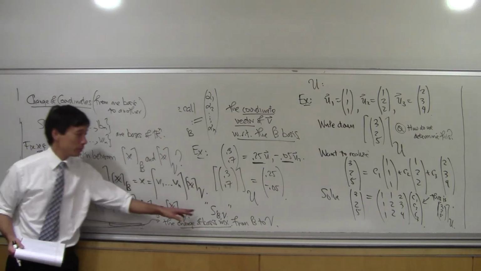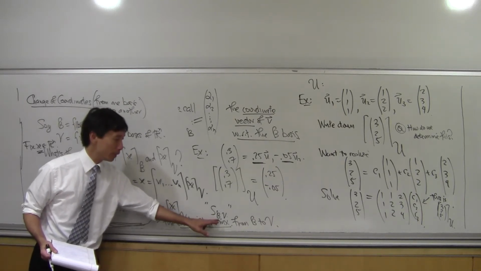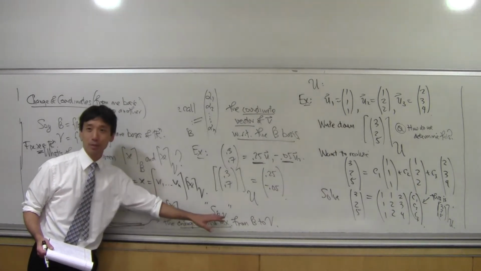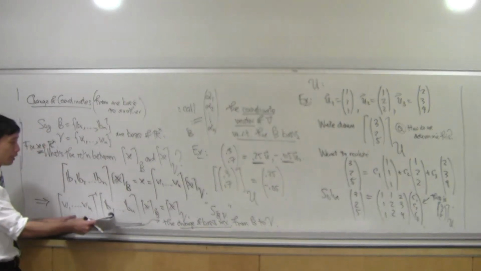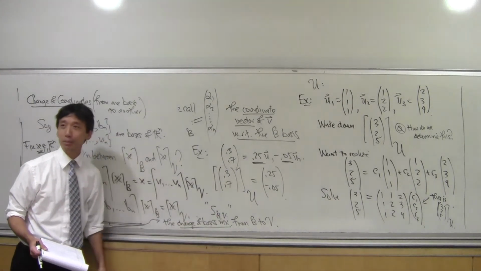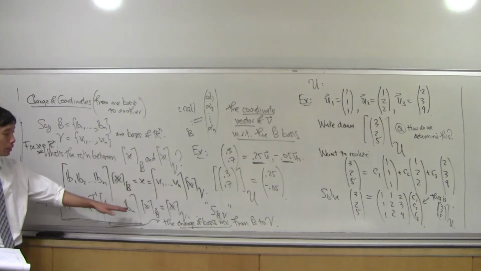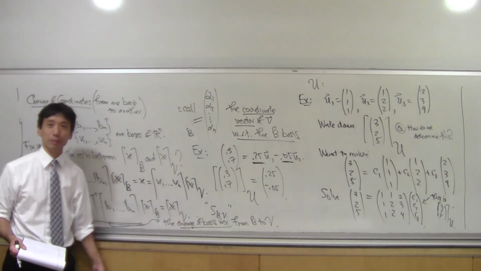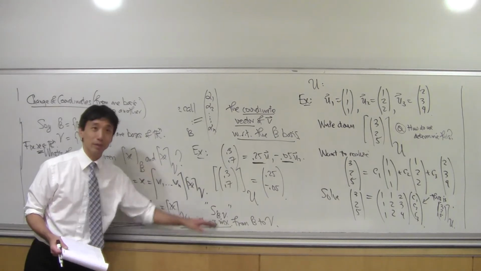So like transition matrix from the B basis to the V basis. So this product here we're going to denote as S sub B comma V. It goes from the B coordinate system to the V coordinate system.